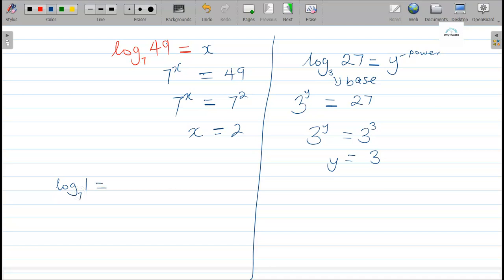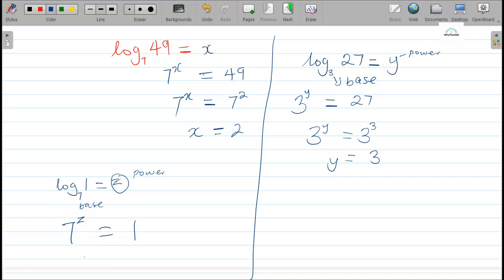Let it be equal to z. Then z is the power, and the base is 7. By the definition, the base 7 raised to the power z is equal to 1. 7 to the power what is 1? It is 7 to the power 0, and anything to the power 0 is 1, provided that number is not 0.